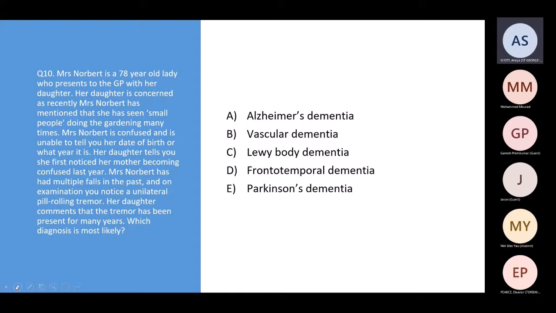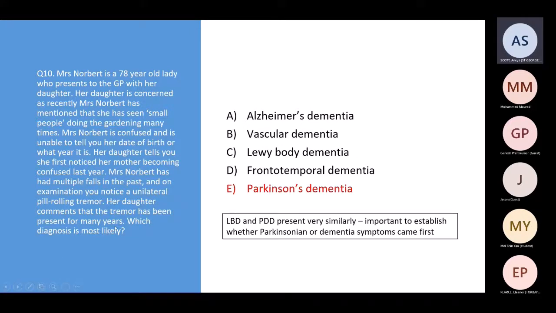Fine. So our answer is Parkinson's dementia. So in the question, Lewy body dementia and Parkinson's disease dementia present really similarly, and it's important to establish which symptoms came first, and that's how you tell which one it is out of the two.